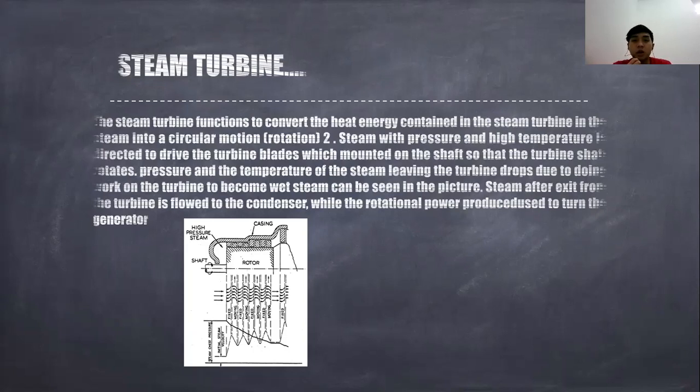Steam with high pressure and temperature is directed to drive the turbine blades mounted on the shaft, so that the turbine shaft rotates.